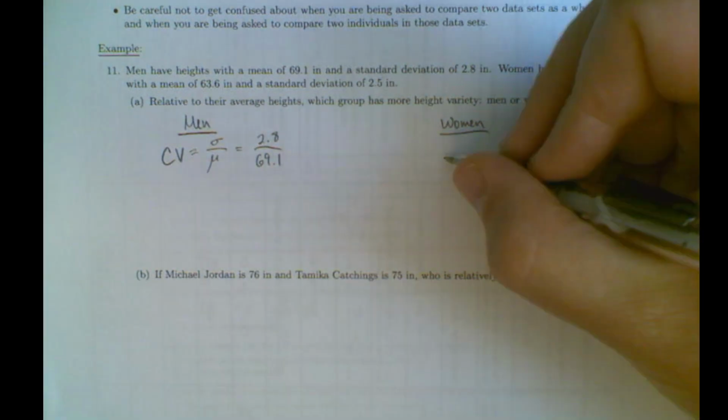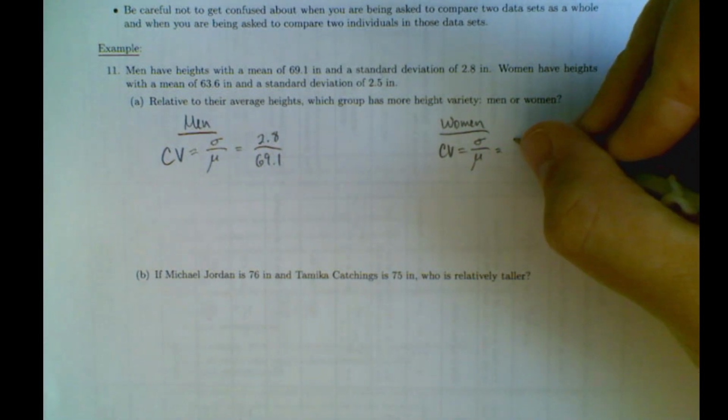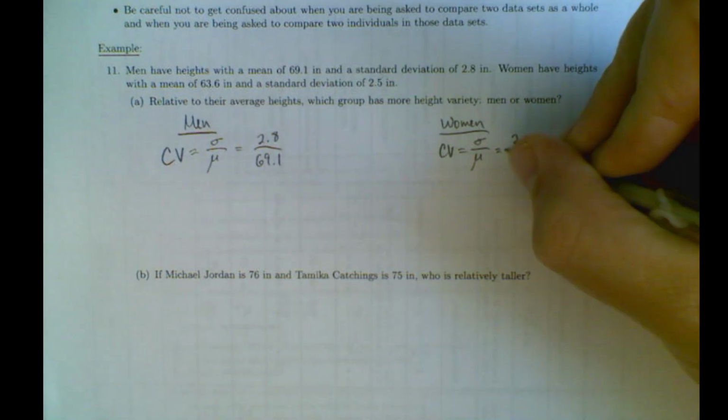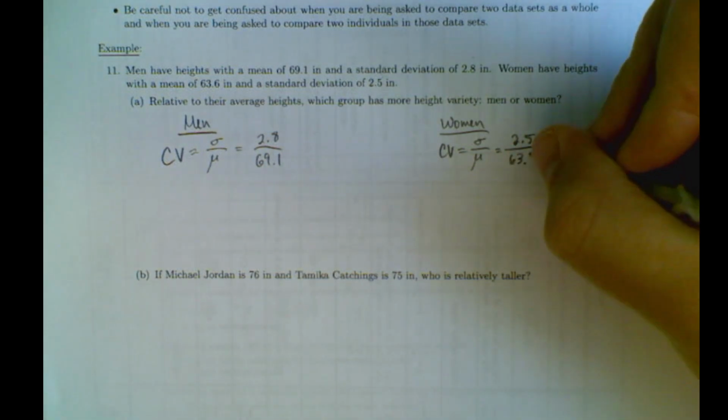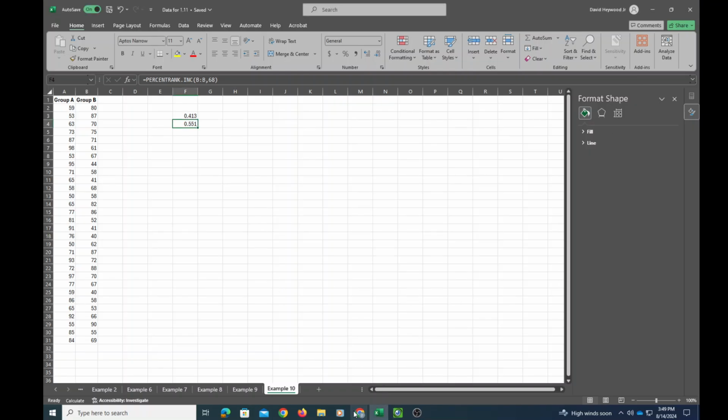And similarly for women, right? Standard deviation divided by mean. So for women, that's going to be 2.5 divided by 63.6. Let's head over to Desmos and see how much these are.